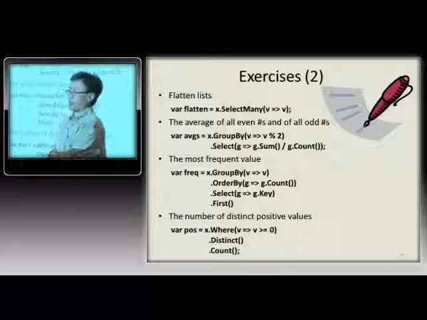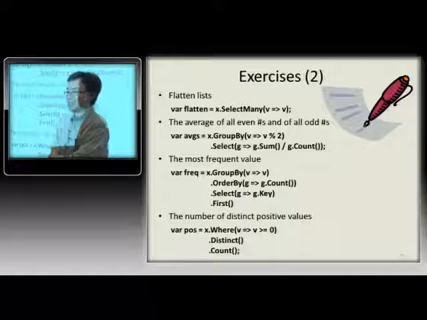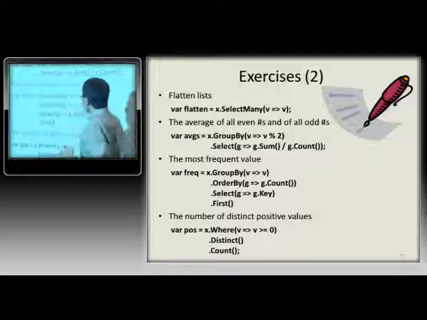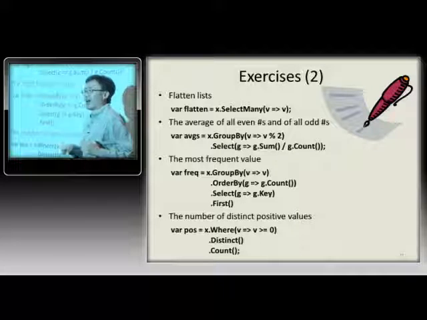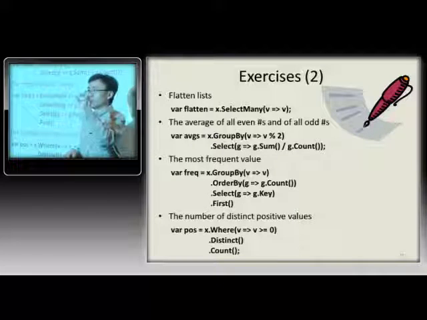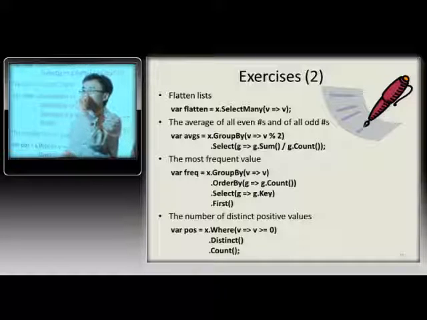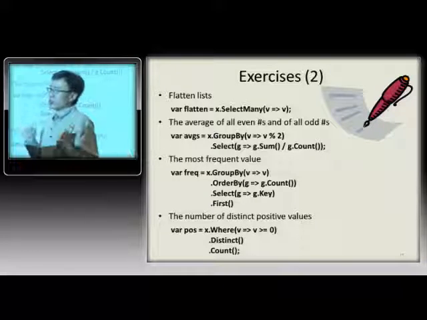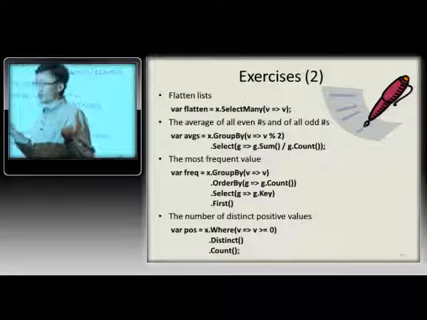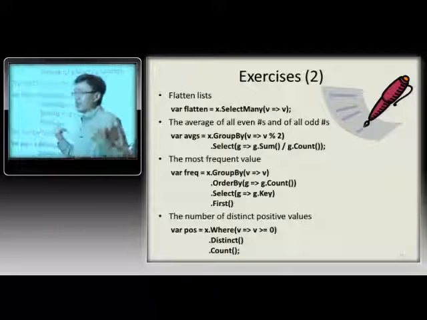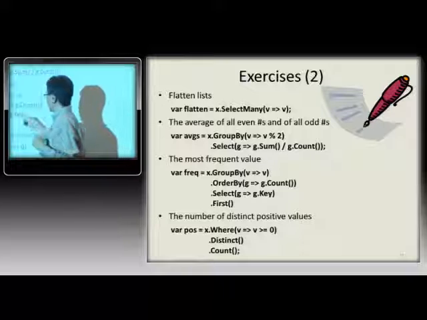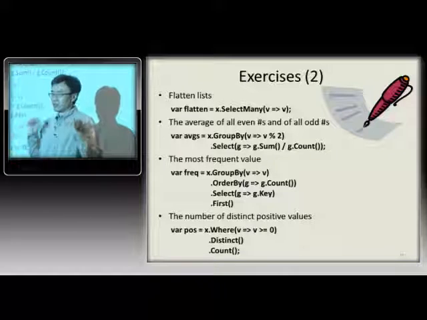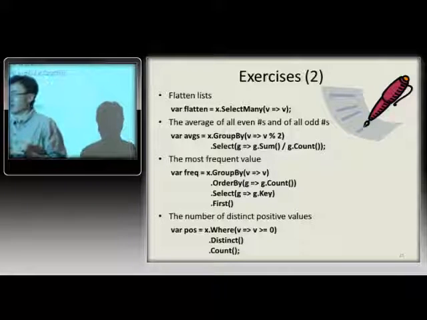Basically, anytime order by introduces ordering, there's IEnumerable and there's IOrderedEnumerable. Anytime it is being ordered, the ordering is preserved in the subsequent computation.